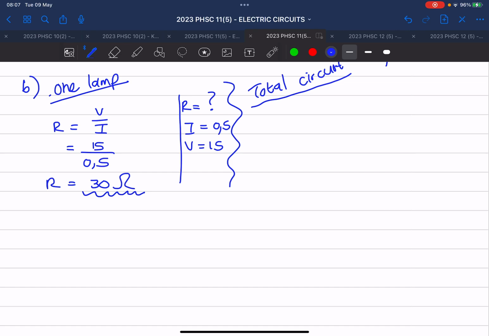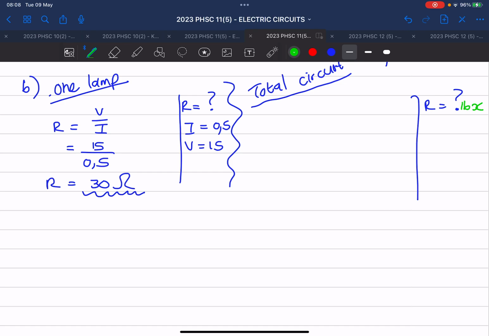Then on the right hand side, in our info table there with the total current, we want to know the resistance. If we look at the total current, then we must look at the total resistance. So if one resistor is X, and there are 16 light bulbs, then at R we fill in 16X.